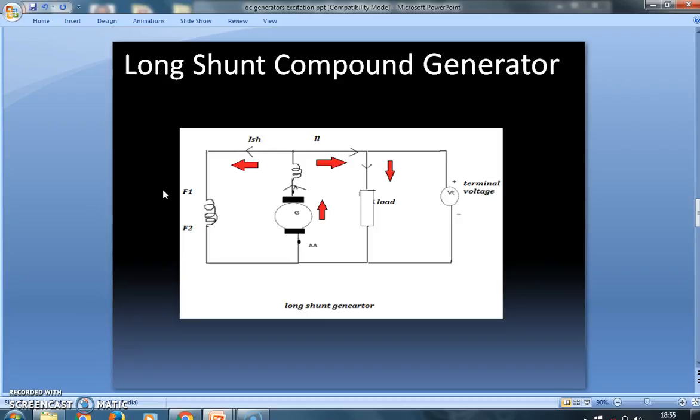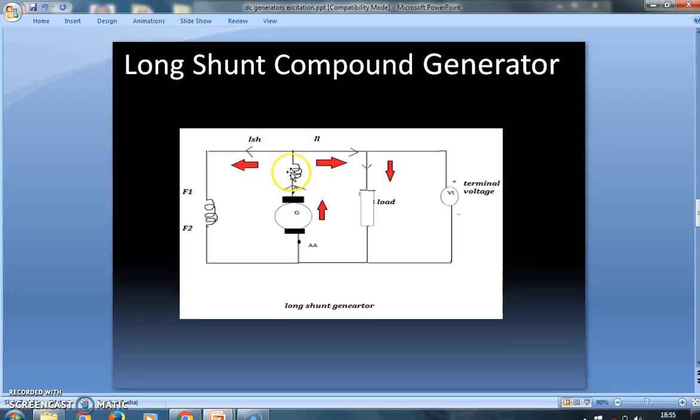If you consider the long shunt compound generator, the shunt field winding is connected across the series combination of the armature and series field winding, as you observe in the diagram. Here, for the current relation, the armature current is the same current flowing through the series field winding.